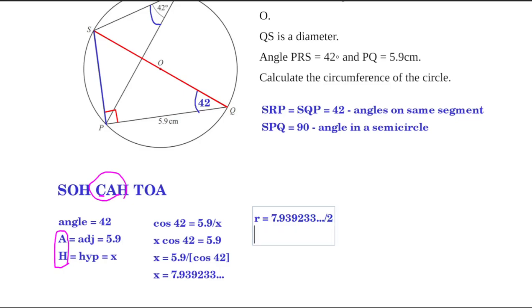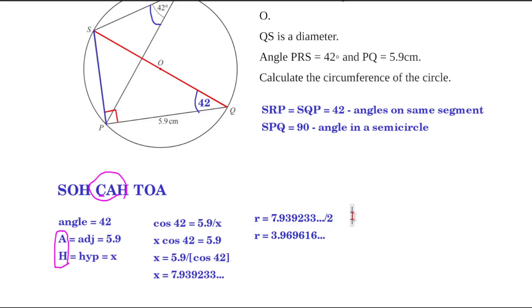If you take half of that, you get that the radius is equal to 3.96916. It's an irrational number. Let's leave it like that.